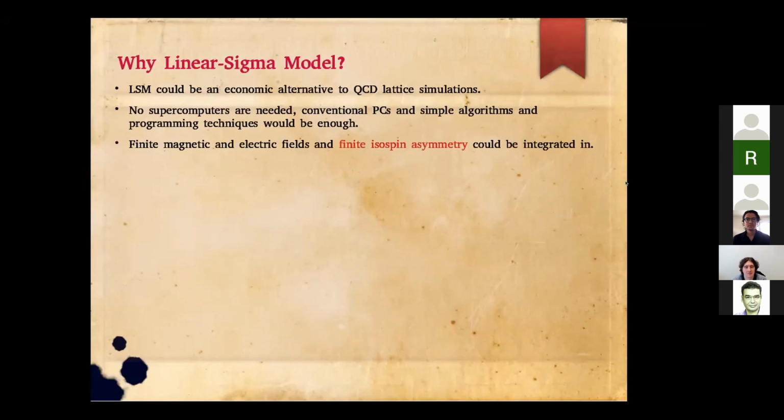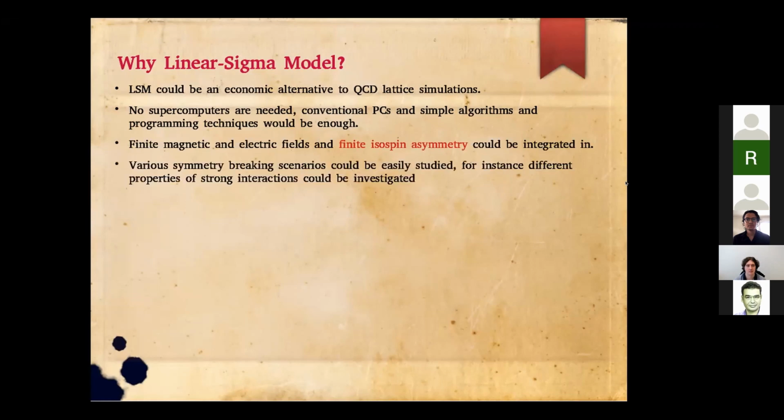But also such a model, similar to the NJL or PNJL, enables you to study maybe the QCD phase change or phase diagram at higher densities, which is so far not possible in the lattice simulation. Various symmetry breaking scenarios could also be studied.